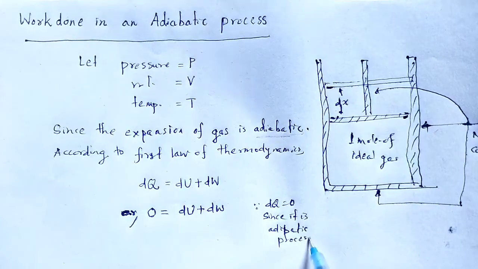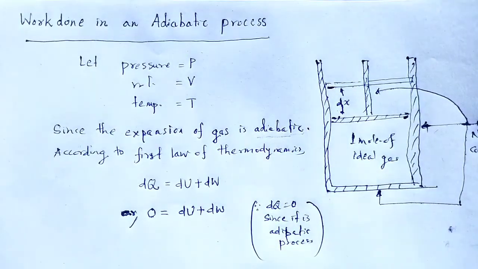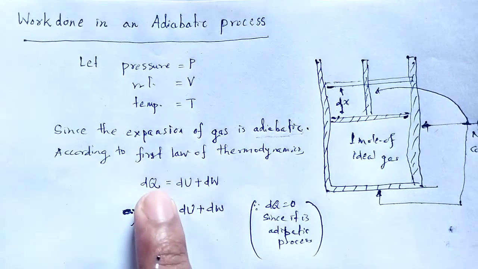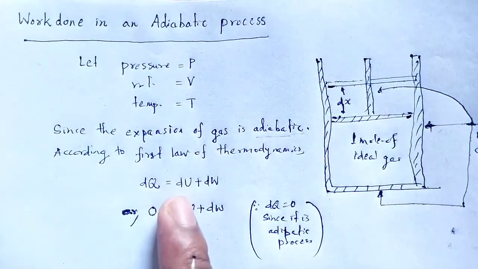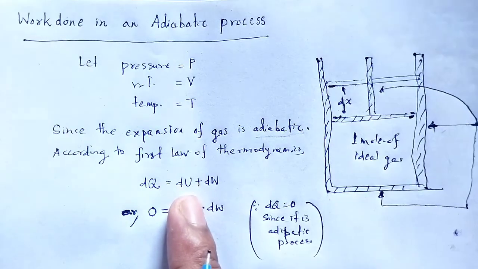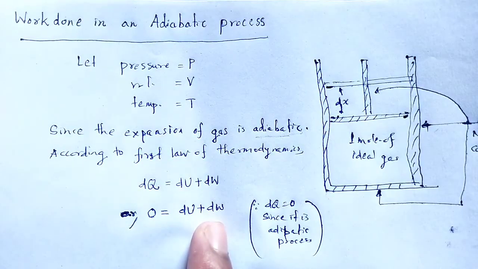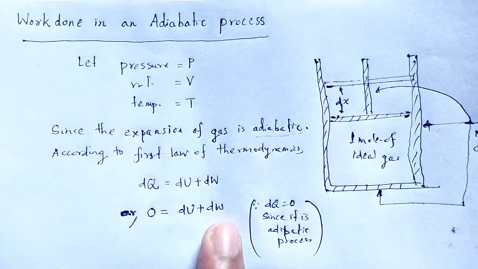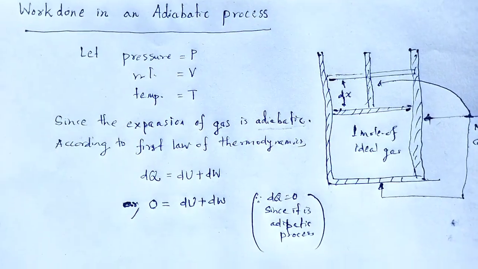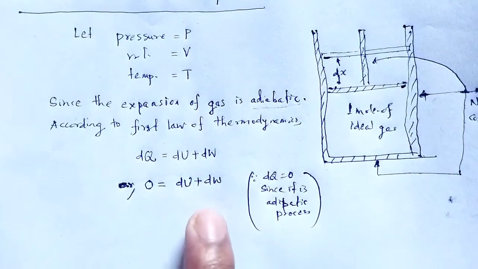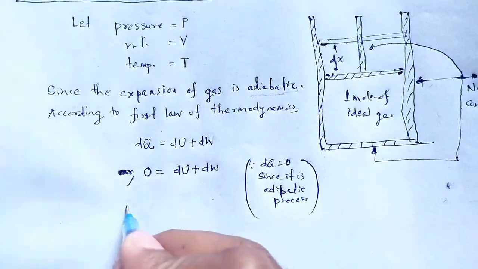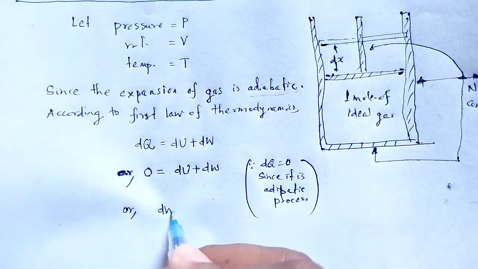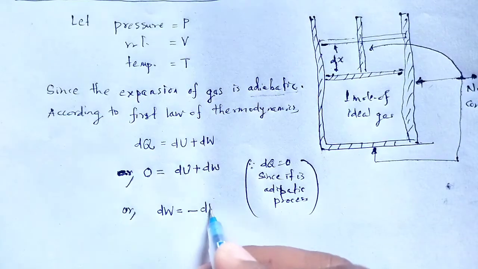Here dq is the amount of heat supplied to the gas, du is the increase in internal energy of the gas, and dw is the work done in the adiabatic process against external pressure. Here dw is equal to minus du.